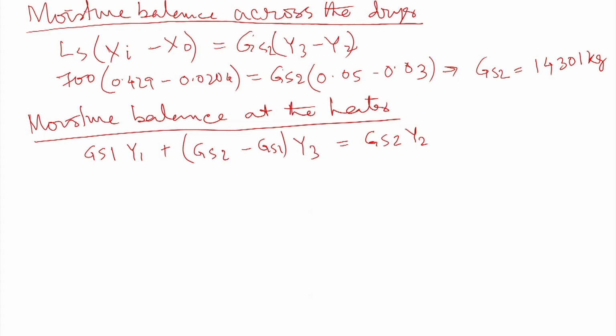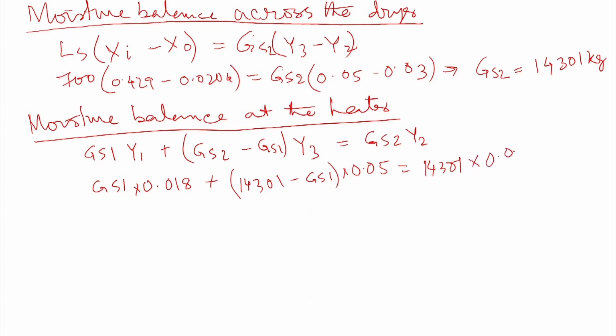So Gs1 into Y1, we know this 1.018, plus Gs2, which we have just found as 14,301, minus Gs1, which we need to find, into Y3 equal to 0.05, is equal to Gs2, 14,301, into Y2 equal to 0.03.